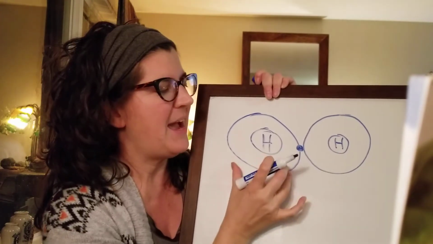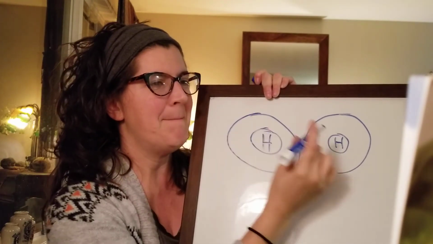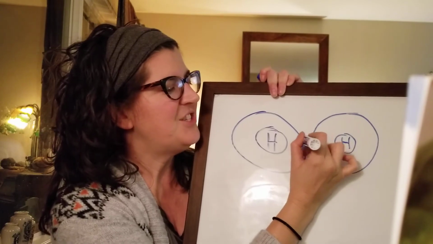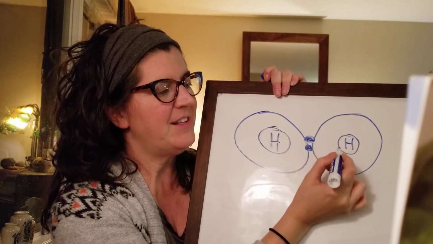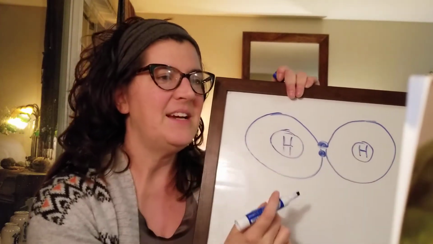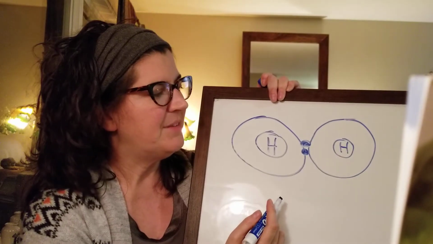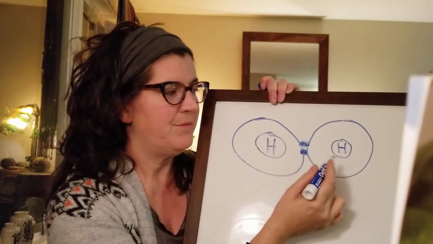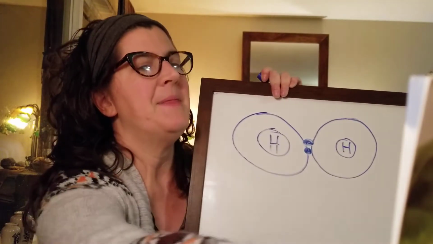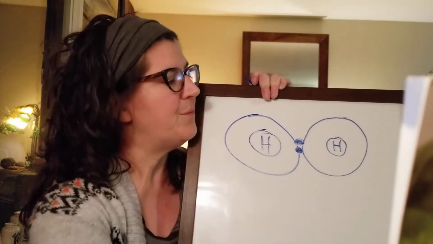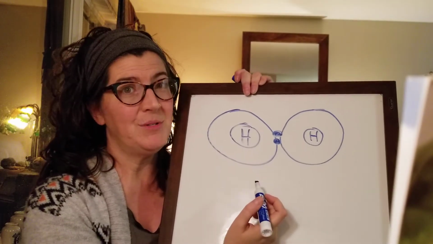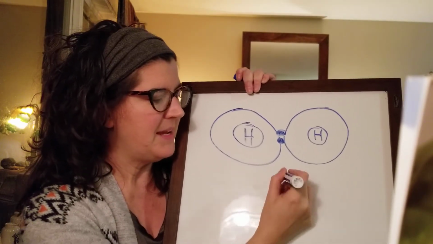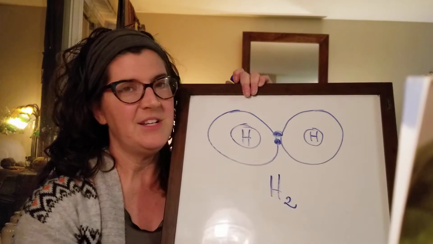This is an individual atom, this is an individual atom. Together they make a molecule, and he's got one electron as well, and they share, and this allows them to be stable, because how many can go on the innermost ring? The first orbital, and that is 2. So now that they have 2, they're much more stable together. So this would be like the first part of water, H2.